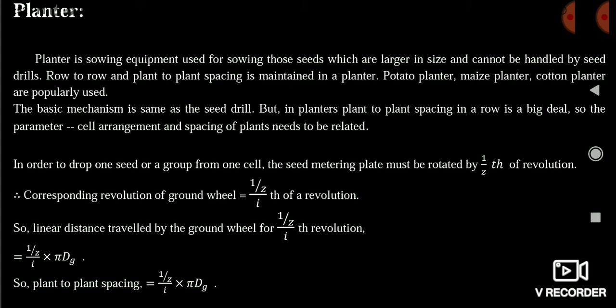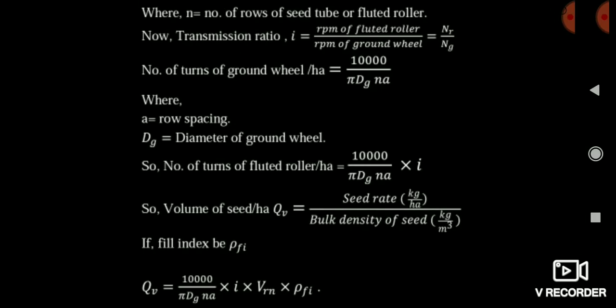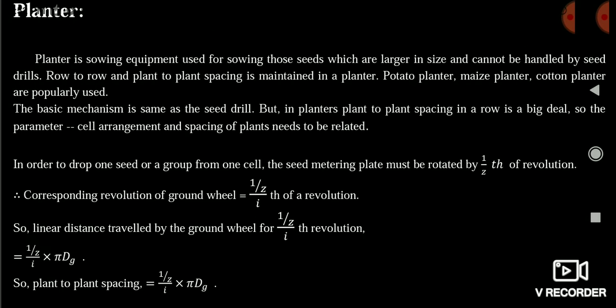For calculating the revolution of ground wheel, we have to divide 1 by z divided by I. Here you can see that I is equal to RPM of fluted roller divided by RPM of ground wheel. So 1 by z divided by I. And friends, this is the linear distance traveled by the ground wheel in this revolution, equal to pi d.